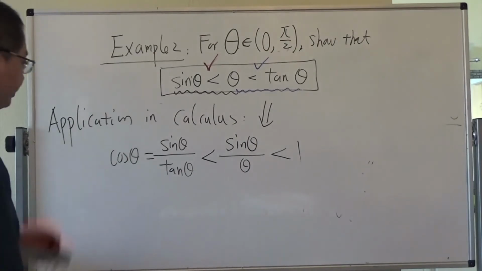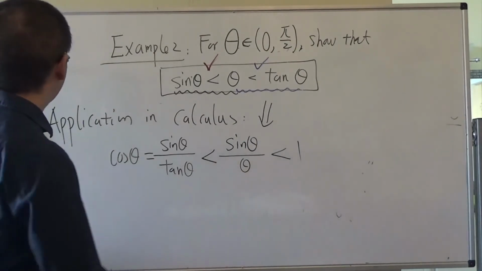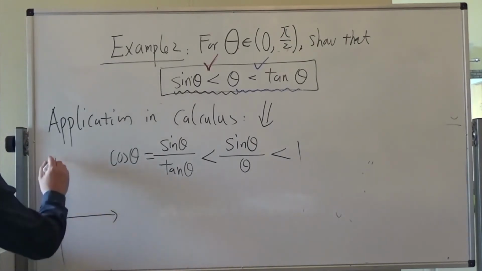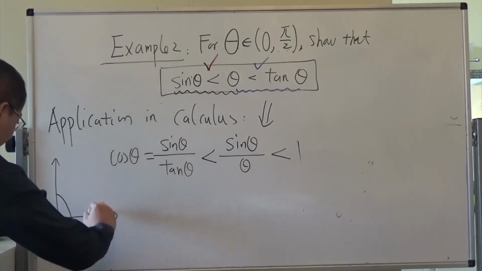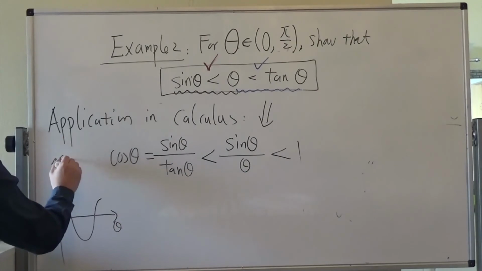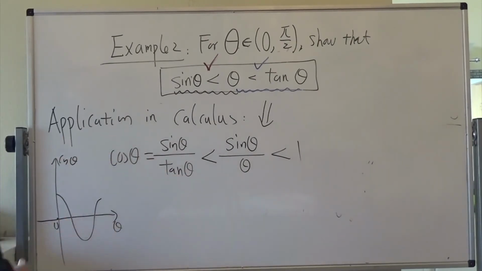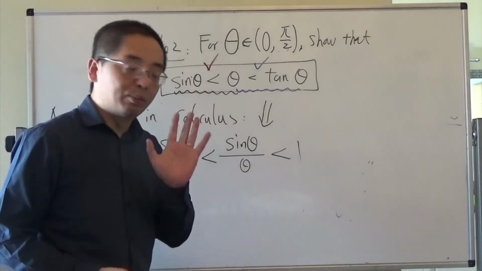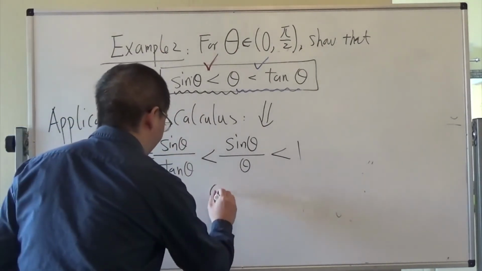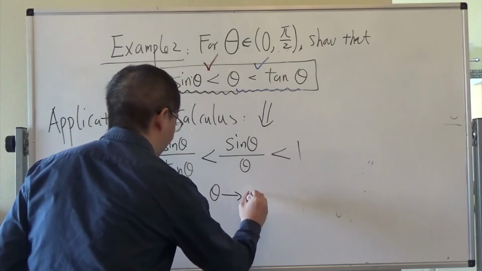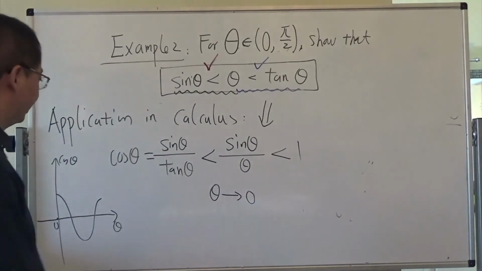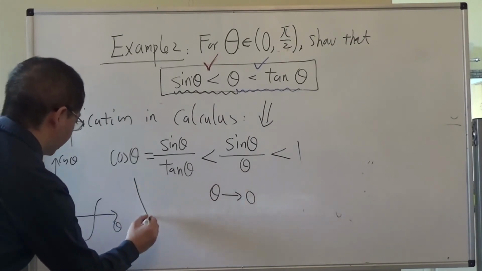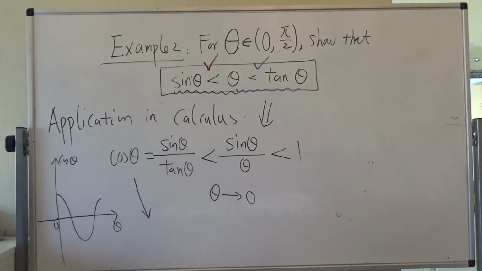Now, this is the graph of cosine theta. If I let theta get closer and closer to 0, where does cosine theta approach?